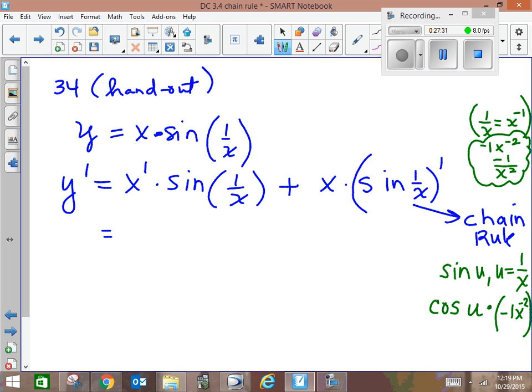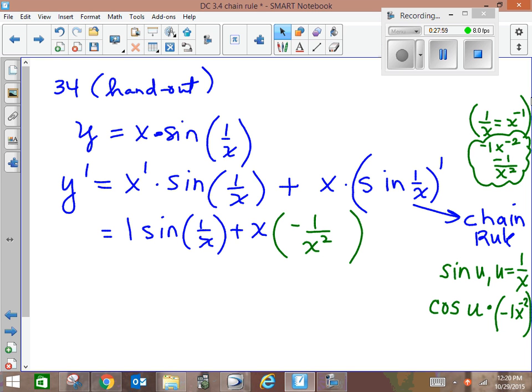What's the derivative of x? 1. So 1 times sine of 1 over x plus x times, where we did it off to the side, do you want negative 1 over x squared or negative x to the minus 2? Negative 1 over x squared. Wait, what happened to the first one?